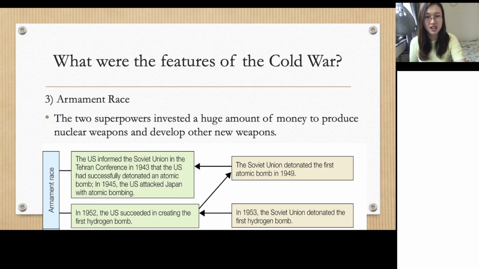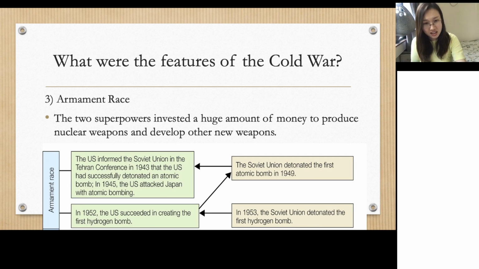For example, you can see here, firstly, at the time of the Tehran conference, the US informed them about their success with the atomic bomb. Years later, the Soviet Union also put efforts into research, and then they had their first atomic bomb in 1949.